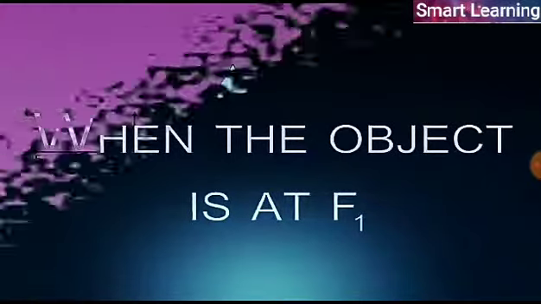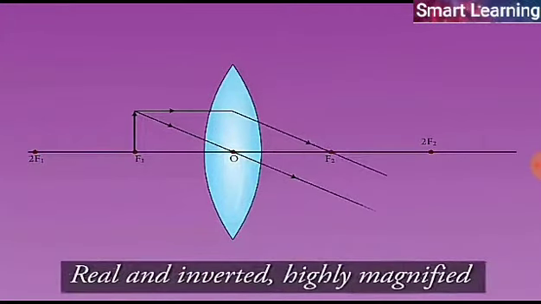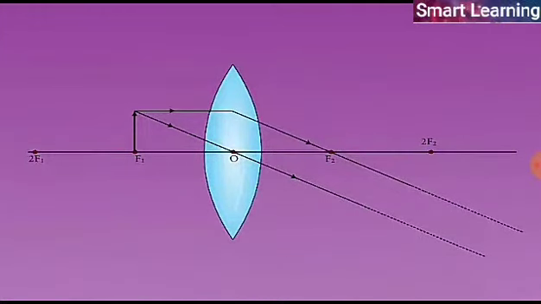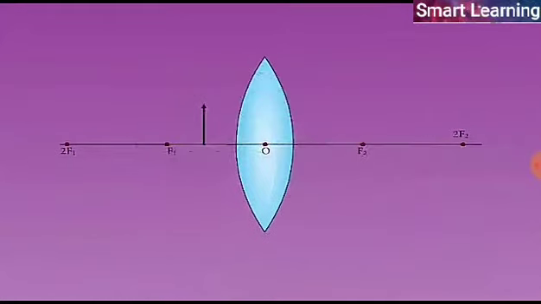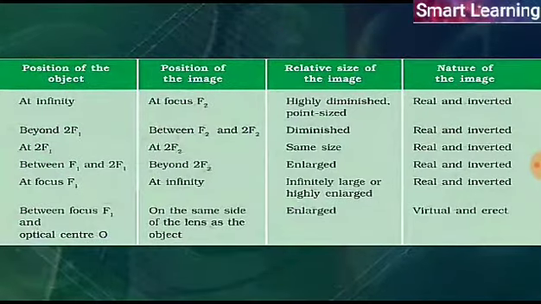When the object is at f1, the image is formed at infinity on the other side of the lens, real and inverted, highly magnified. When the object is placed between f1 and the lens, the image is formed on the same side of the lens beyond f1, virtual and erect and magnified.